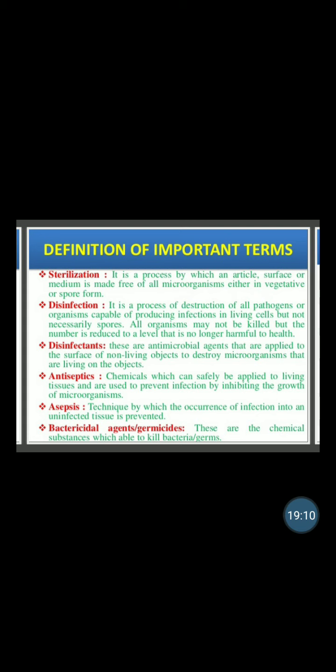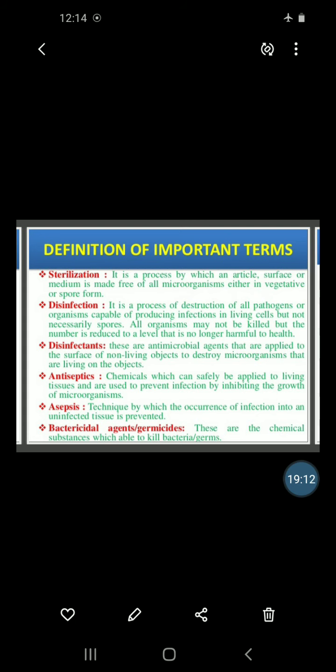Next we will see the hot air oven. As I discussed in the earlier practical, hot air oven is dry heat sterilization, meaning sterilization by the use of a hot air oven.